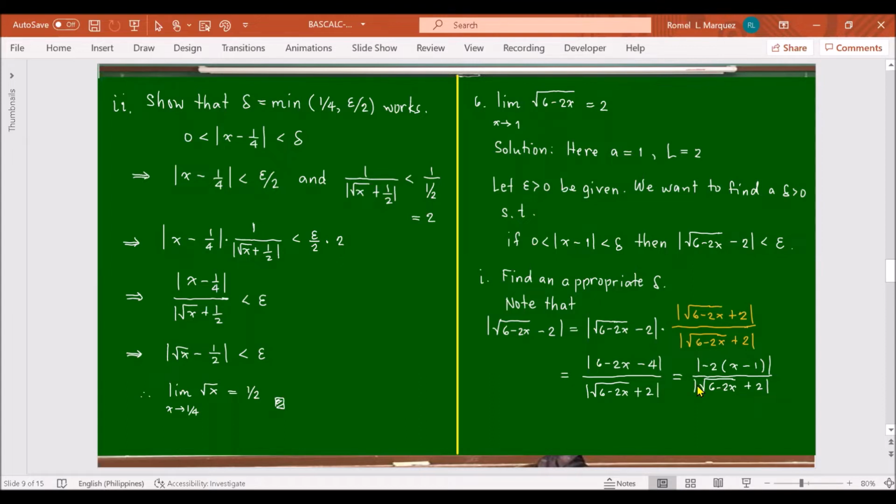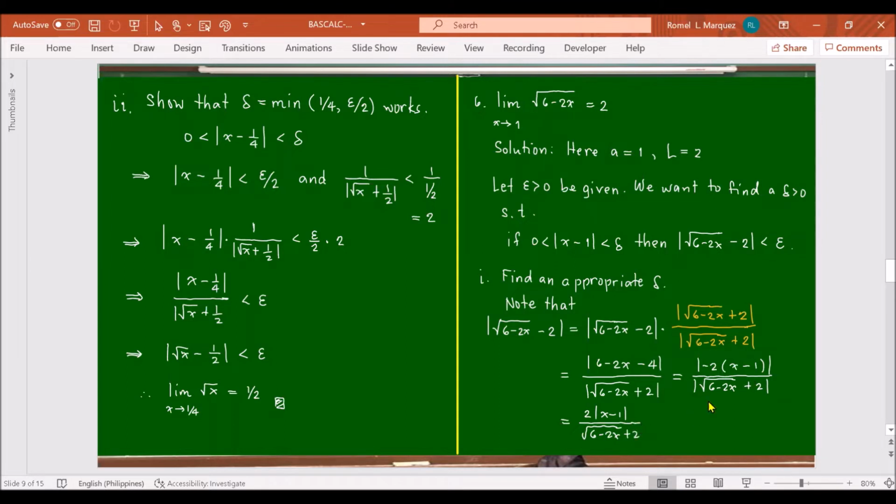Okay? And this is equal to 2 times abs of x minus 1 all over square root of 6 minus 2x plus 2.